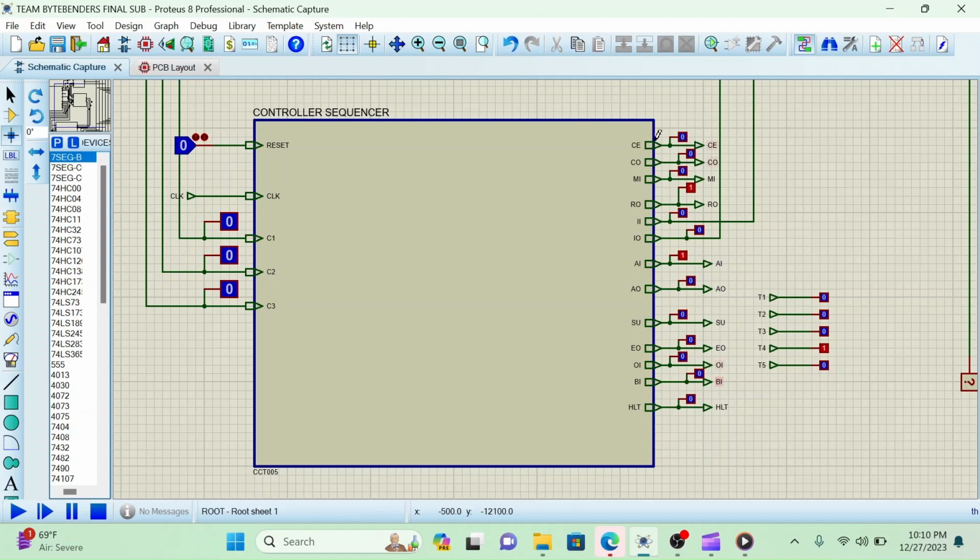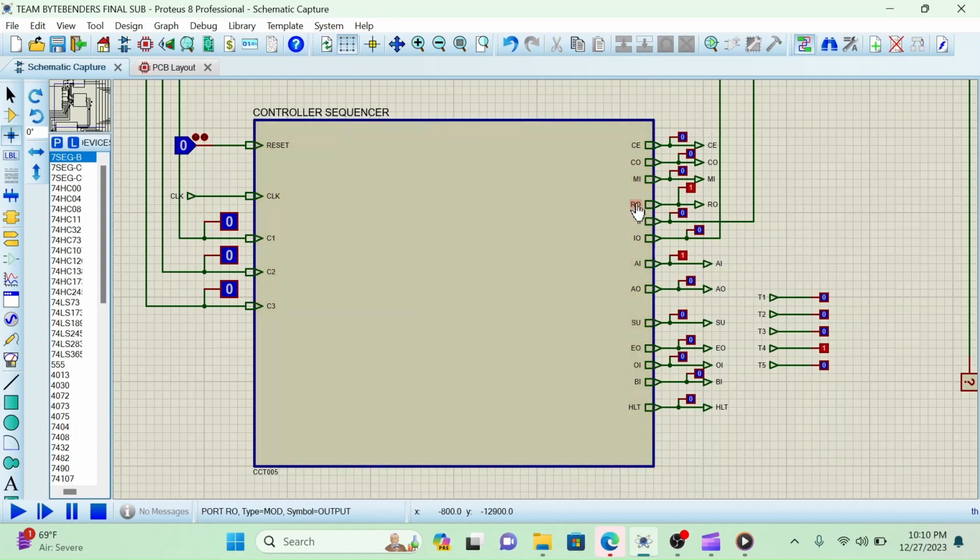Here, the CE control signal: if it is activated, the value available in the counter is incremented. If CO is activated, the value available in the counter is given as output to the bus. MI is a signal: if it is activated, the memory address register takes input from the bus.